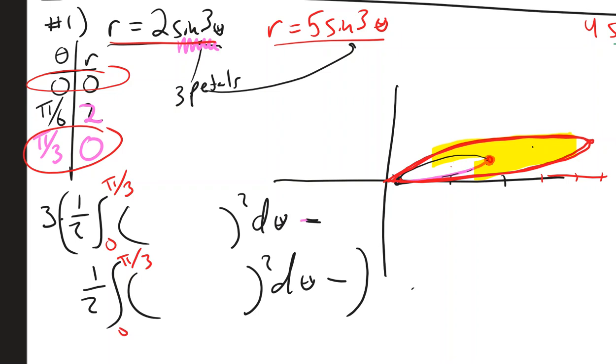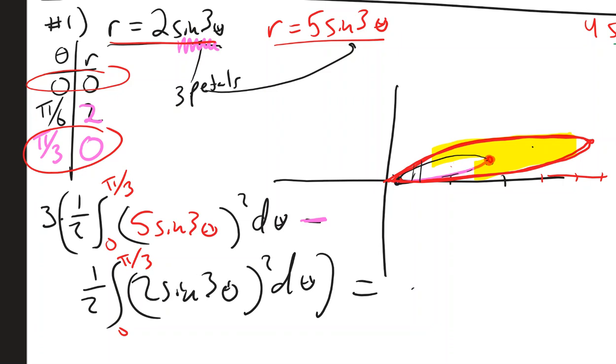Now, subtraction, the order matters here. So make sure you use the big one first. If I find the area of this big one, that's too much, come back and then subtract how much area is missing, this one. So the big one is 5 sine of 3 theta. The small one is 2 sine of 3 theta.